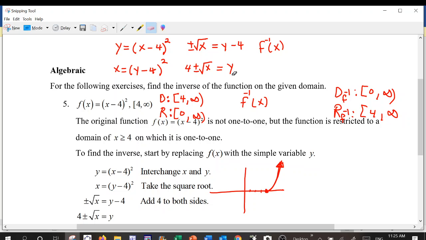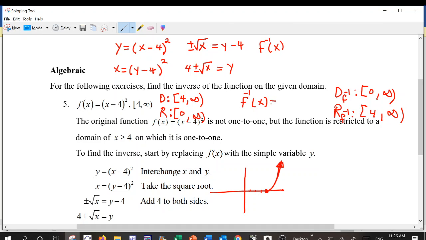So now here, the way we decide is to look at what this is. This is the y value, right? And the y values come from the range. So the range here is 4 to infinity, and the domain is 0 to infinity. So if I pick the minus, if I put, let's say, 1 in here, 4 minus the square root of 1 is 3, which is not in the range. So I need to pick the positive one.